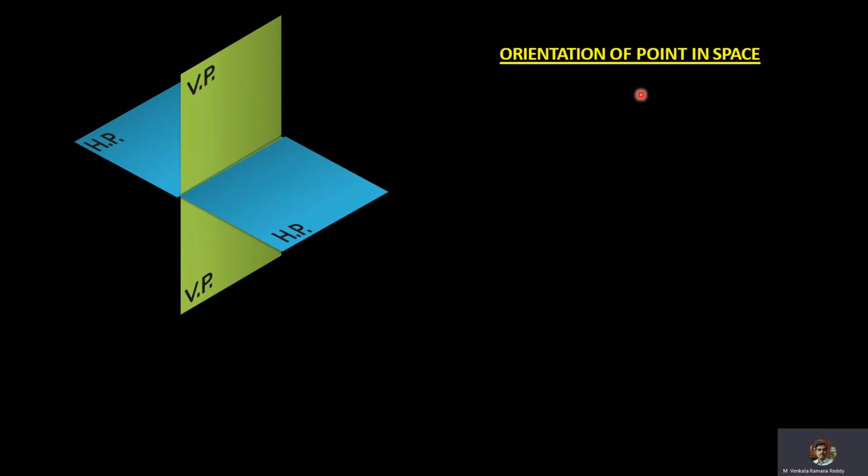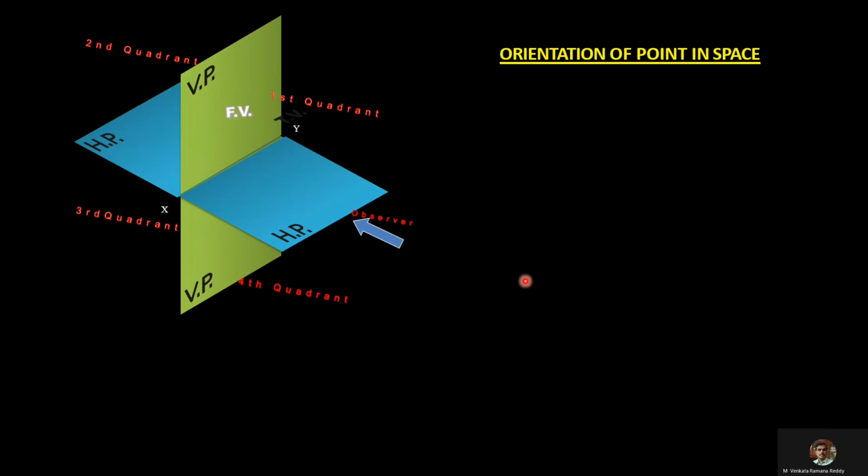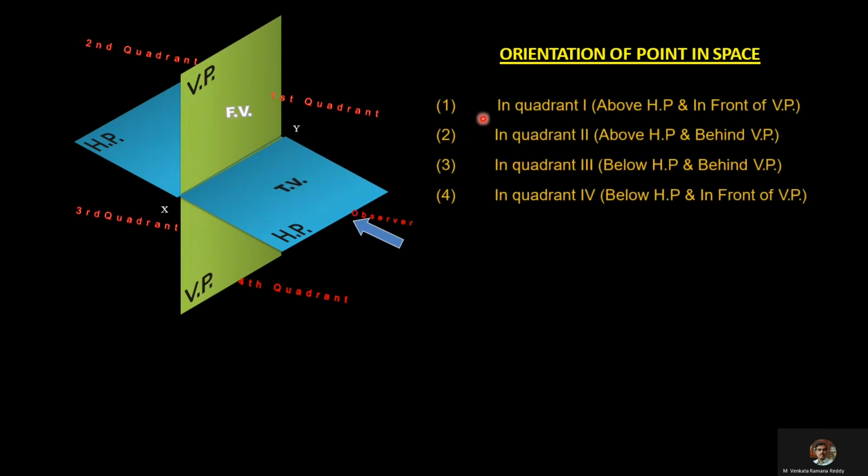Now we'll see orientation of point in space. What are the cases to be considered? First case, point is in the first quadrant. Second case, point is in the second quadrant. Third case, point is in the third quadrant.